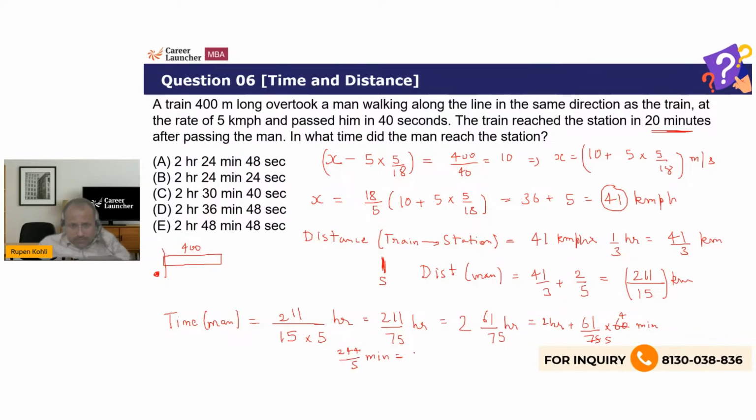So 5 fours are 20, 44, 48, and 4 over 5 minutes. All right, I think I'm at answer option E, because I'm getting 48 minutes and 4/5 of a minute, which is, yes, exactly 48 seconds. All right, finally I'm at the answer.